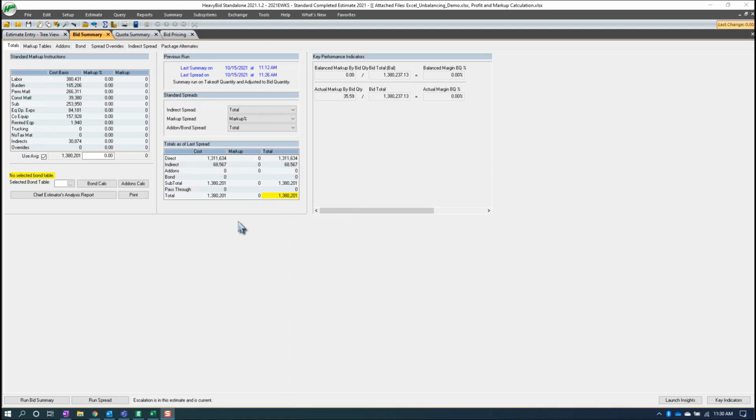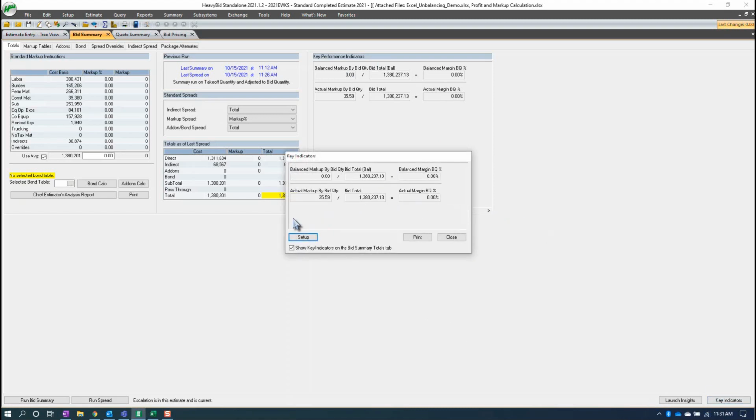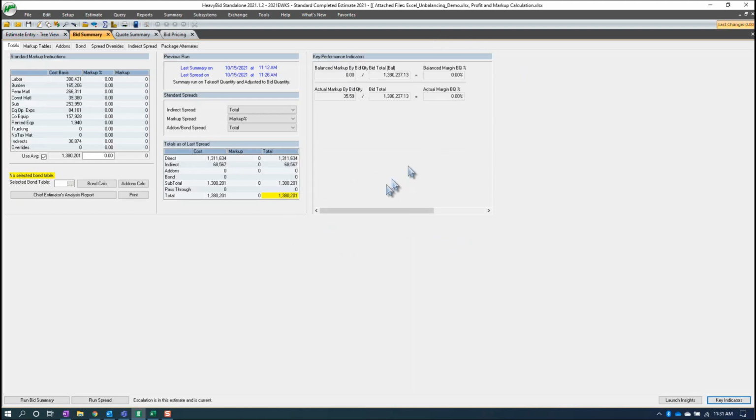If I run a lot of takeoff versus bid quantity differences, I'm also going to have my takeoff margin percentage up here, both at cost and balanced, so that I can compare the two. It's very easy to add these key indicators. You could show them right on this screen. I can also customize key indicators on the pricing screen and have them show there.